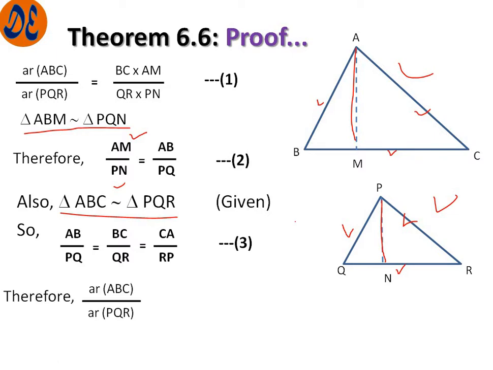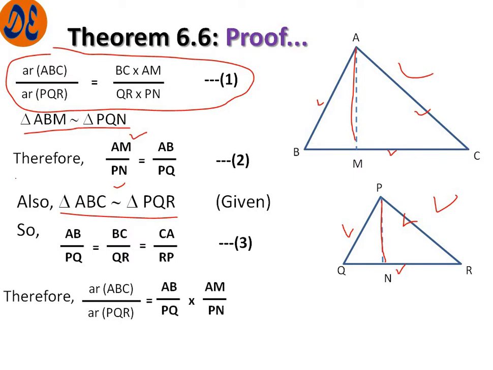Therefore what happens? Now we have got the area over here. We can check: area we have got here is BC by QR into AM by PN, but here we are writing AB by PQ. How are we writing that?